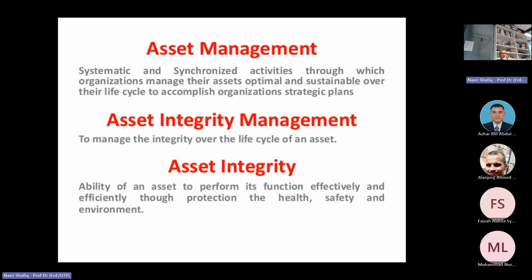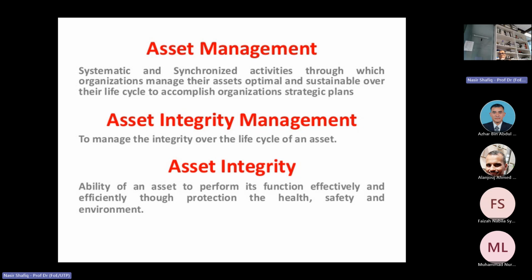So the universal term is asset, under asset is asset integrity, and then asset integrity management. Then the asset integrity definition is the ability of an asset to perform its function, which is 200 bar, effectively and efficiently, which means continuously, 365/7, as and when required, through protection of health, safety, and environment.